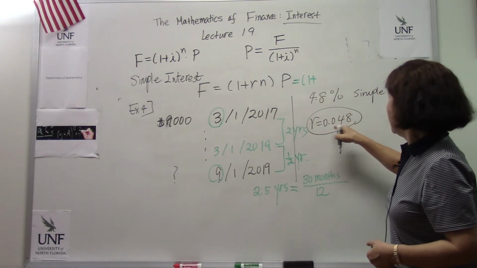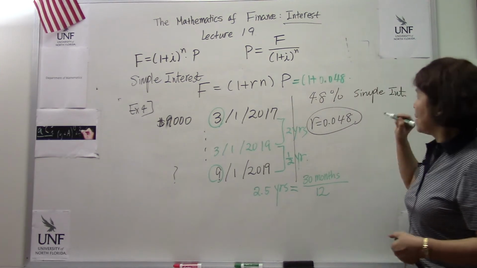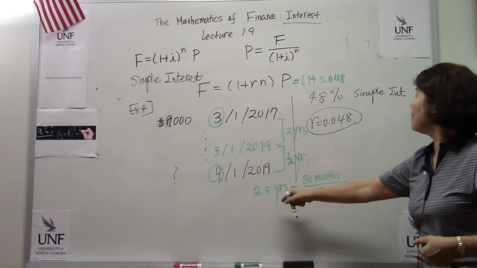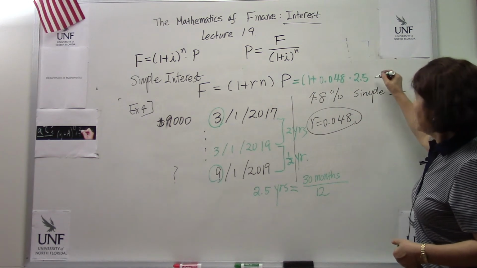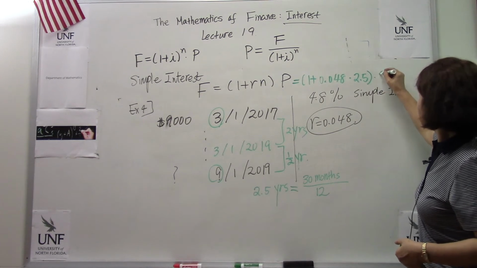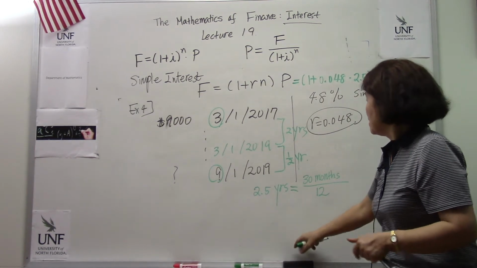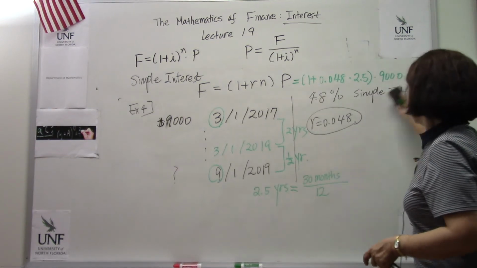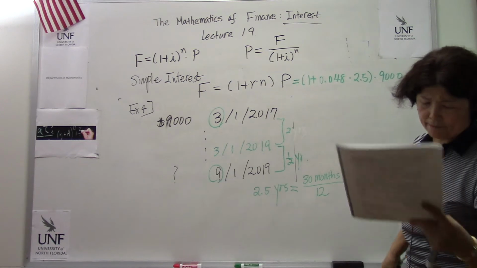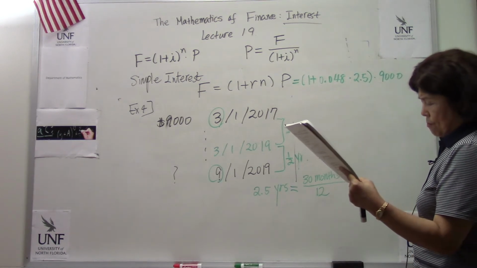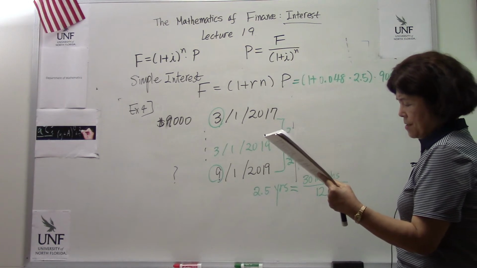1 plus R is 0.048 times what? N is 2.5. Okay? Times 9,000. That's what you are going to have in 2.5 years or 30 months. Okay, 30 months.